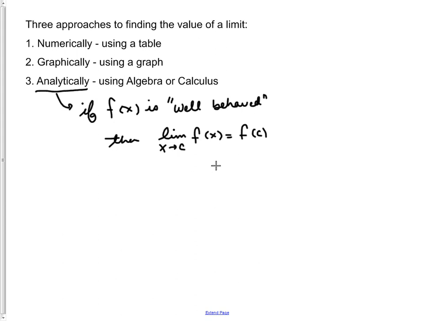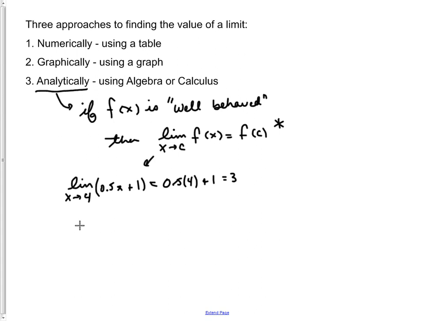That's not always the case, right? We saw that sometimes it is, sometimes it isn't. In the case of the limit as x approached 4 for the function 0.5x plus 1, we got exactly the same value as if we took 0.5 times 4 plus 1, which is to say we got our limit of 3.